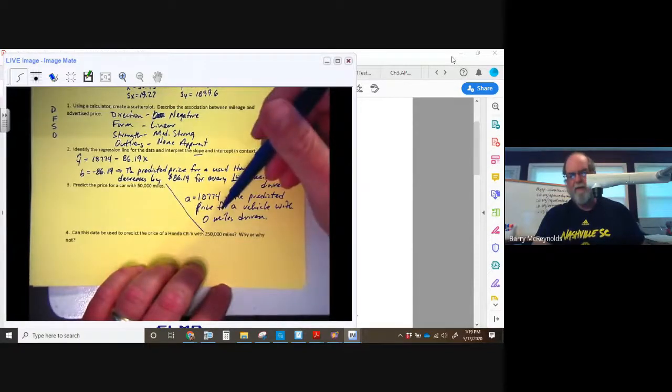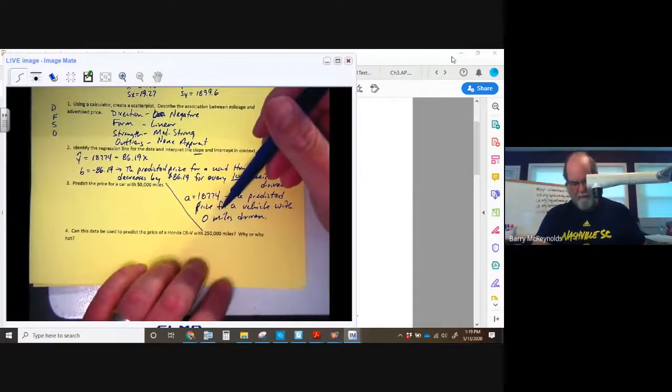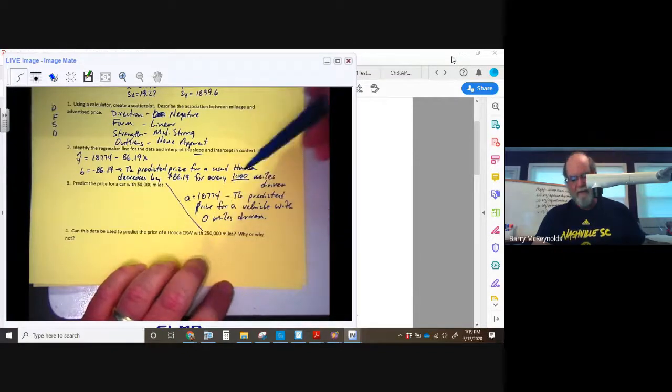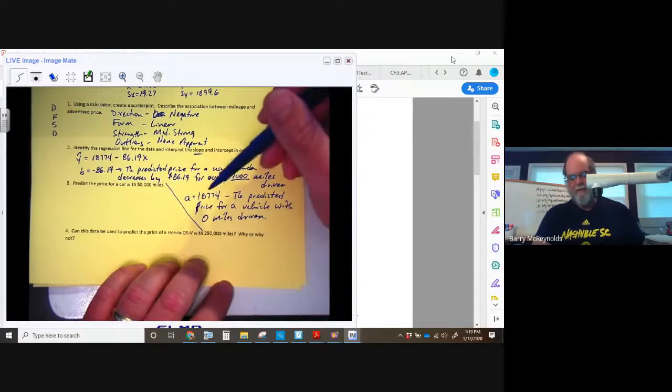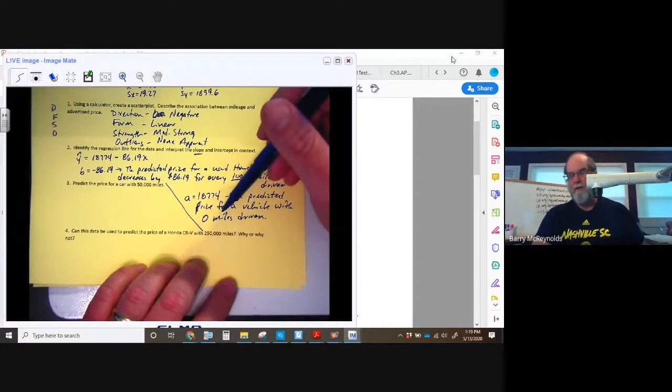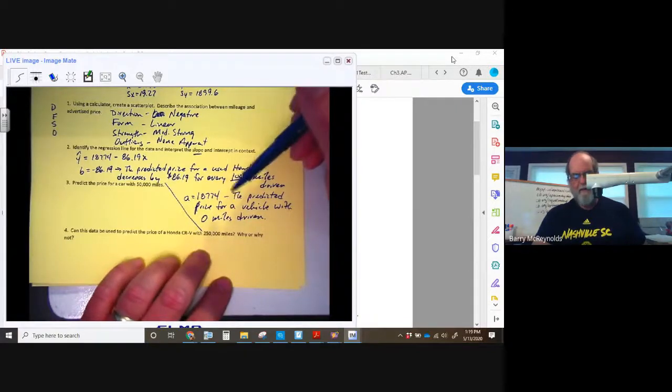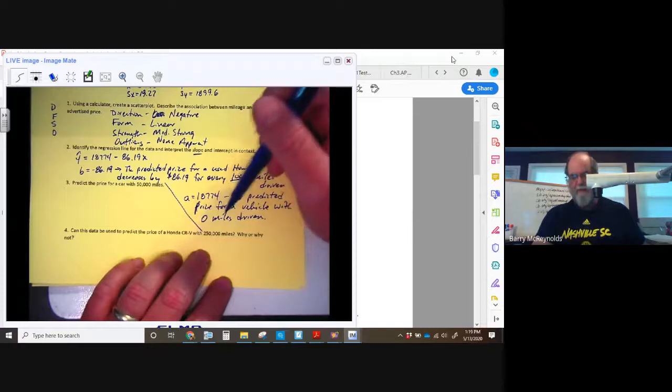It's impossible to buy a used Honda with 0 miles driven. You might say the context of this means that this would be the expected price for a brand new Honda. That would probably be okay. But in the context of our question, where the explanatory variable is miles driven, we're just going to keep it like this.